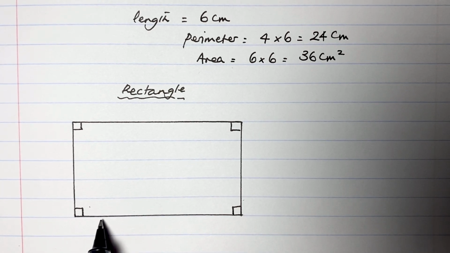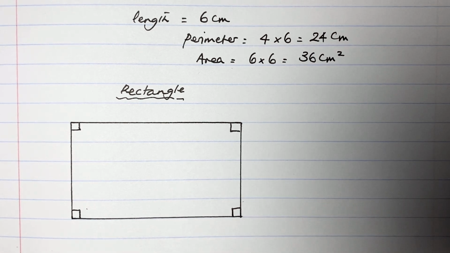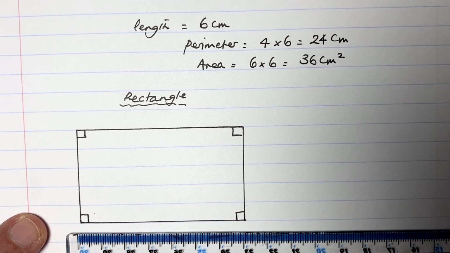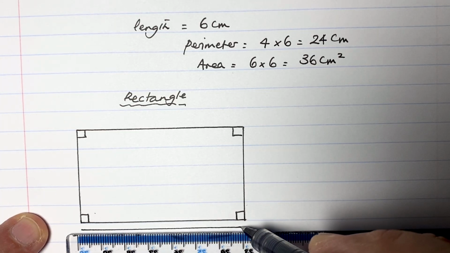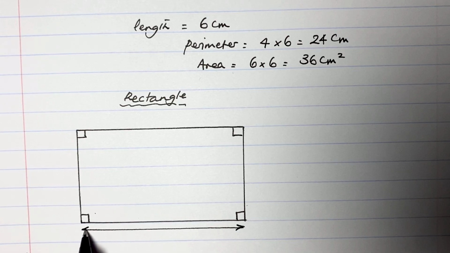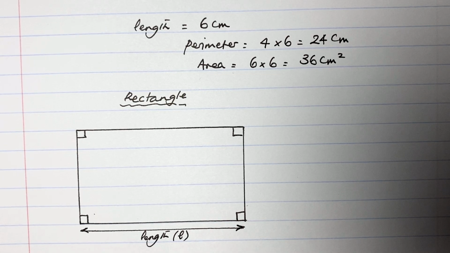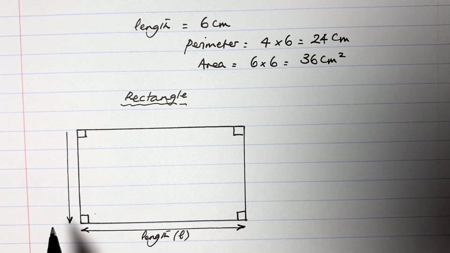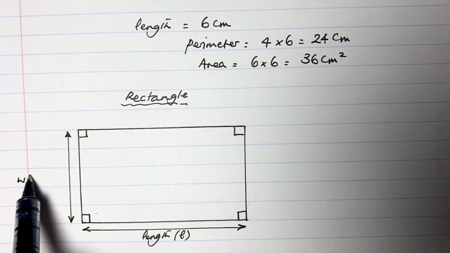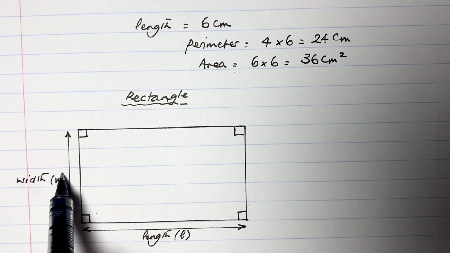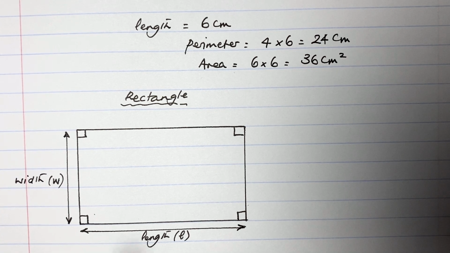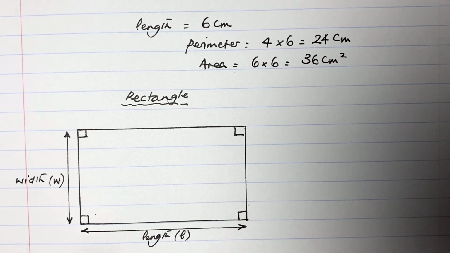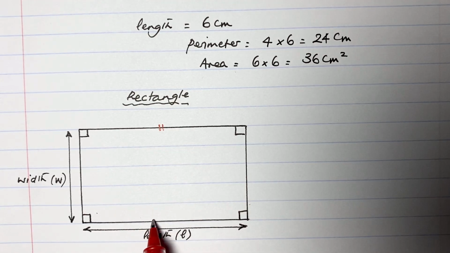In a rectangle, the length and width are different sizes. So I call this the length, L for length, and the width, W. So the properties: we have 2 equal lengths, so I'm going to mark these two with the same marking.